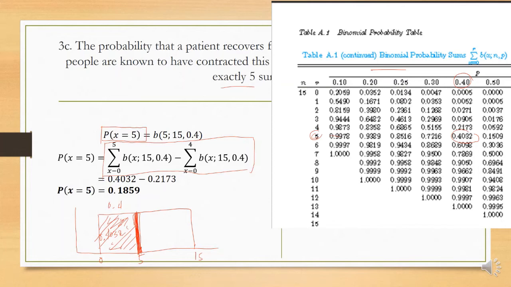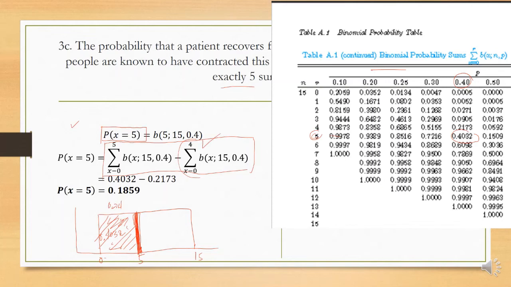Kasi ang 0 to 5, it contains 0, 1, 2, 3, 4, hanggang 5. So, to get the exact area ng 5, until 5, no, tatanggalin natin yung 0 to 4. Kaya, ma-minus natin siya. Okay? So, every time I have these examples, make sure you take down notes so that next time nagagamitin nyo yung exactly 5, exactly 8, no, you know what to do dito sa reading ng table natin.